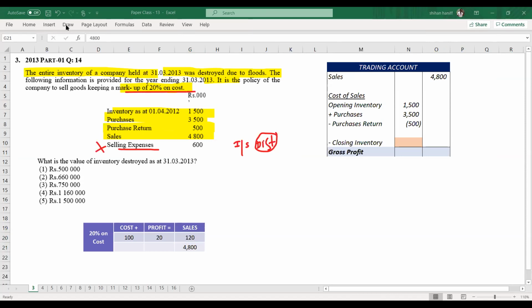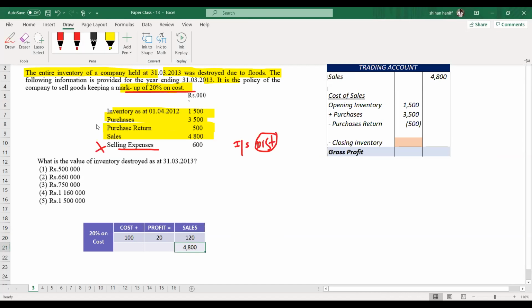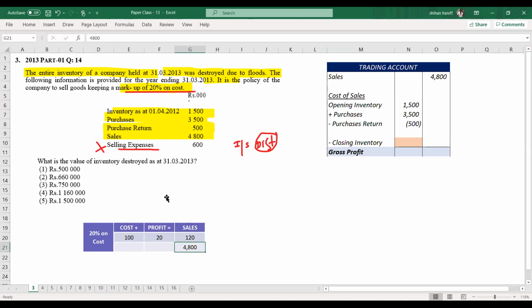Then how do we calculate the cost? Cost is equal to, 4,800 is equal to 120, and we need the cost. So 100 over 120.